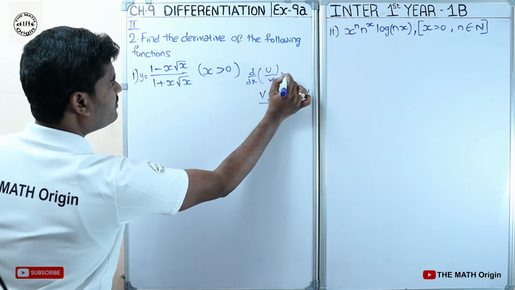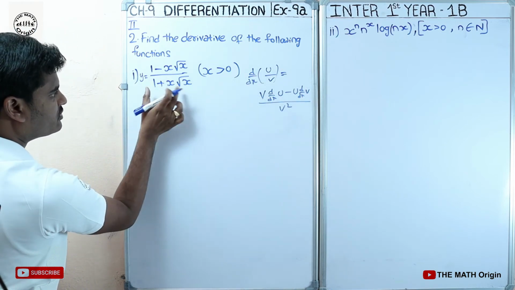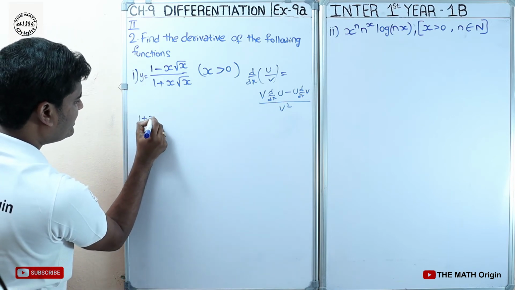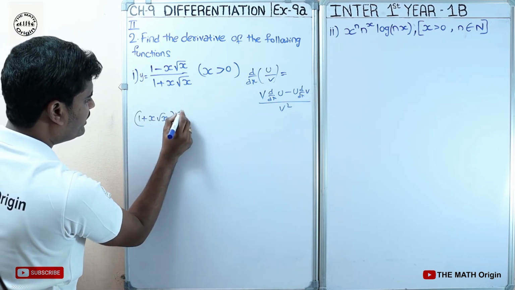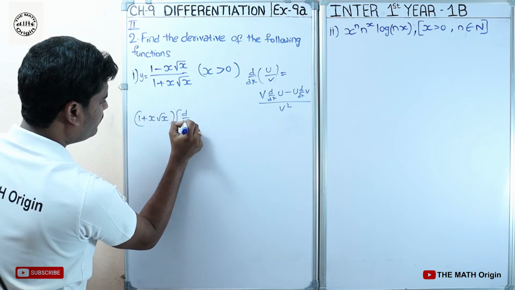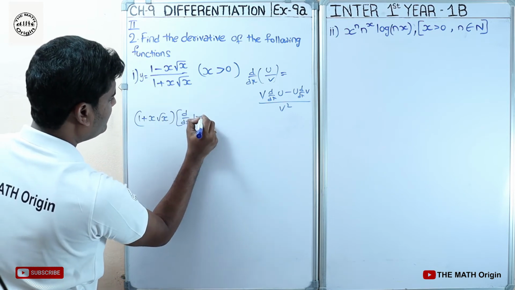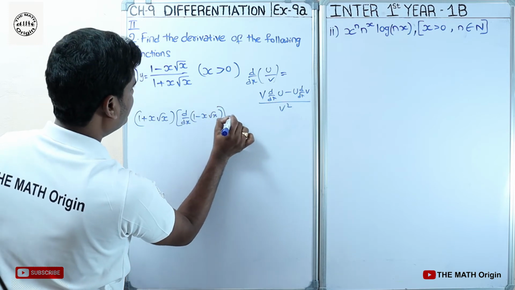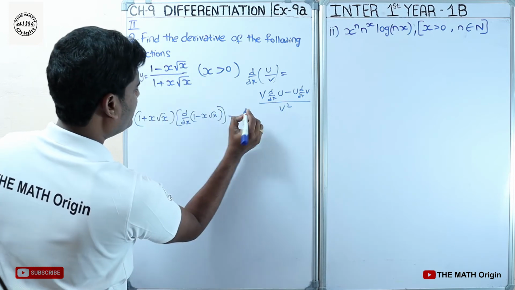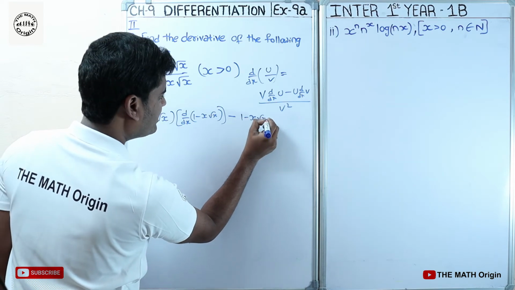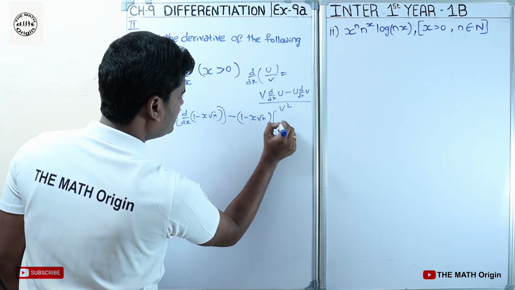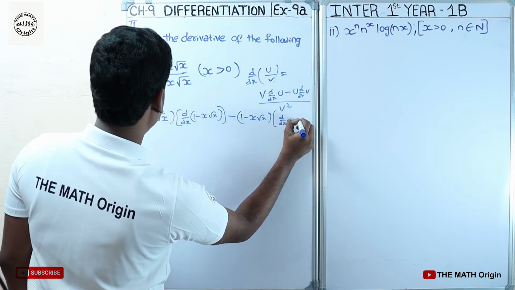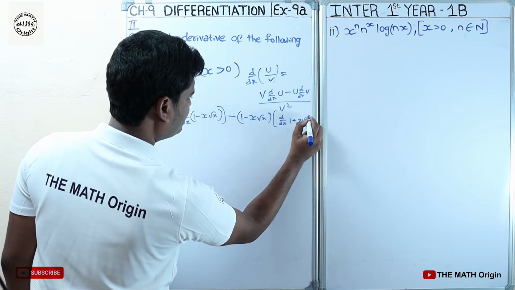Okay, so according to this, let us write it. So the denominator is v, so it will be 1 plus x root x into d by dx of u, d by dx of 1 minus x root x, minus numerator 1 minus x root x into d by dx of 1 plus x root x.